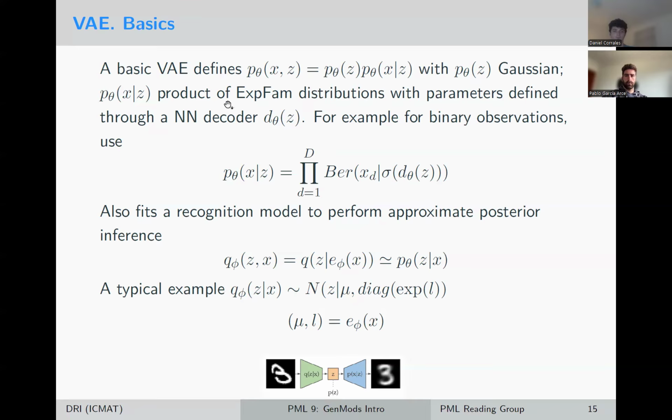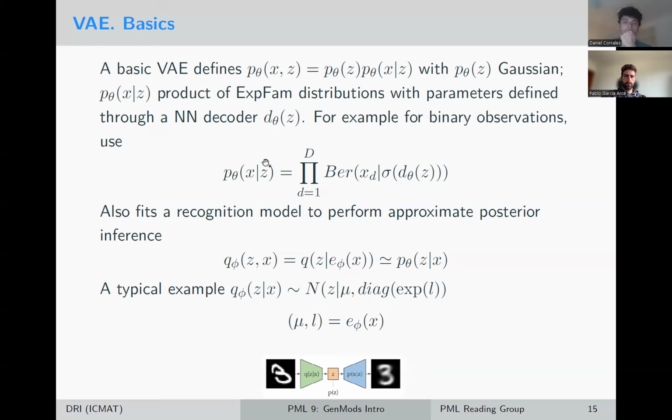As an example, for binary observations, a typical model is to assume that each of the coordinates of X, from 1 to D, comes from a Bernoulli. They are independent, and the parameter is given by the value of a neural network over the latents.